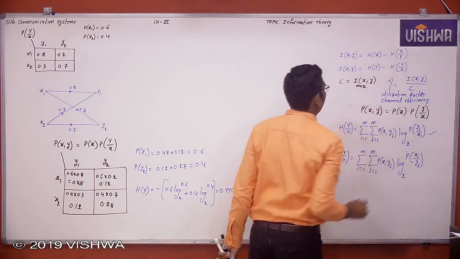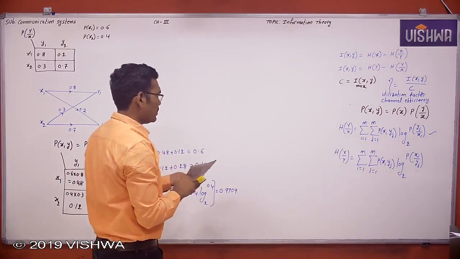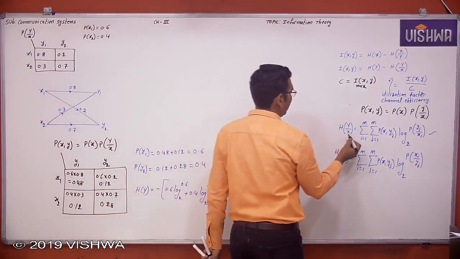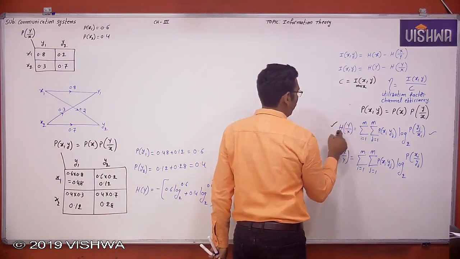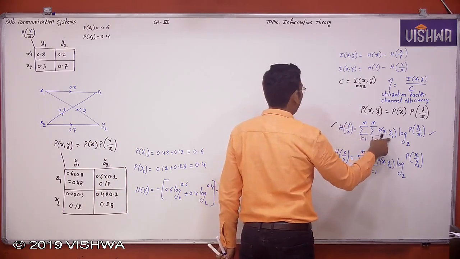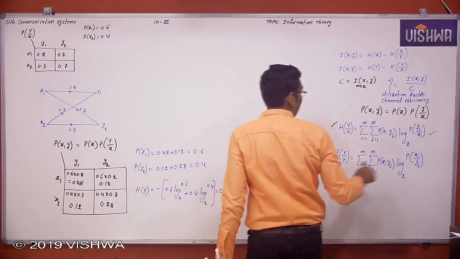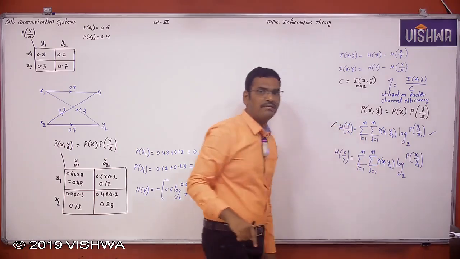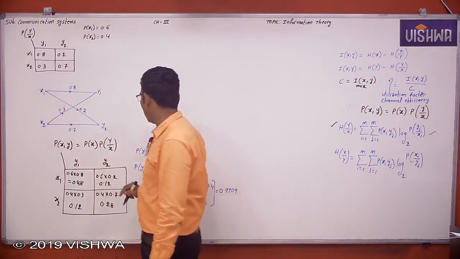Now I want H of Y by X. What is H of Y by X? Now see, this is the formula for H of Y by X. To find H of Y by X, we require the joint probability P of X comma Y and the conditional probability P of Y by X. Is it available or not? Now you calculate.